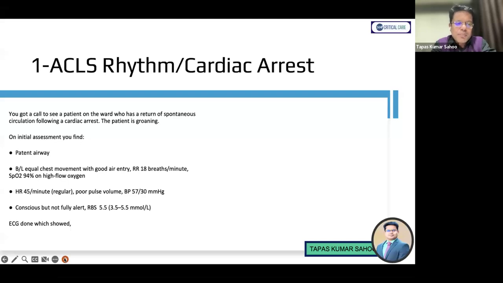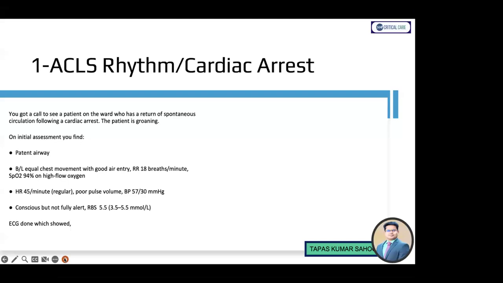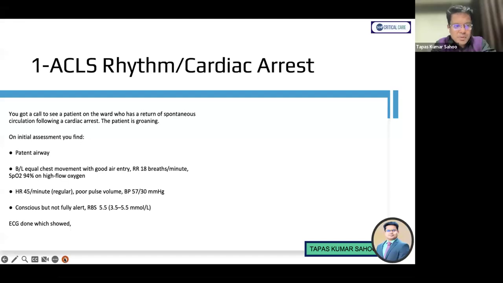The patient is groaning. On initial assessment, you find the patient is having patent airway, bilateral equal chest movement with good air entry. Respiratory rate is 18 breaths per minute, with saturation of 94% on high flow oxygen. The heart rate is 45 per minute, regular, with poor pulse volume, and BP is low, 57/30 millimeter mercury. Patient is conscious but not fully alert.